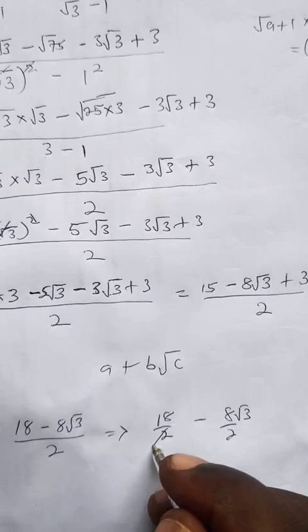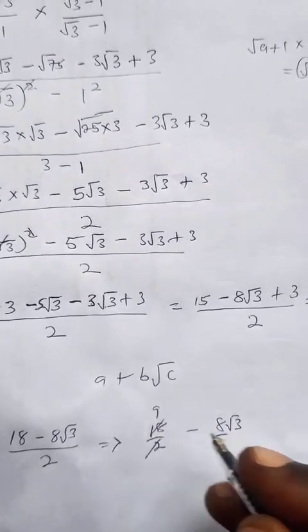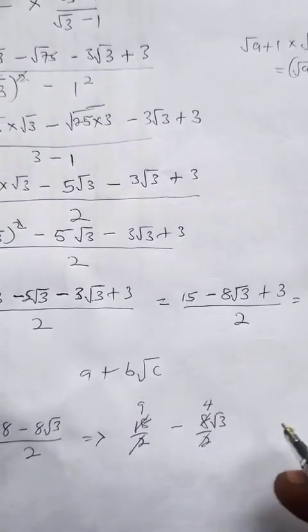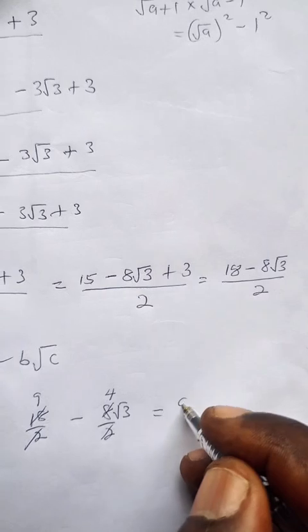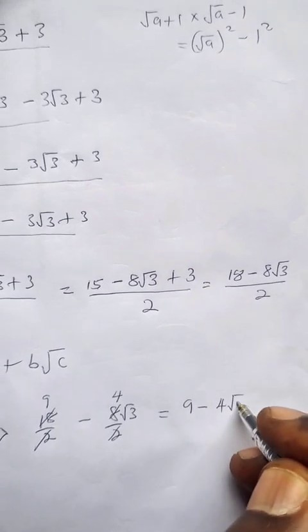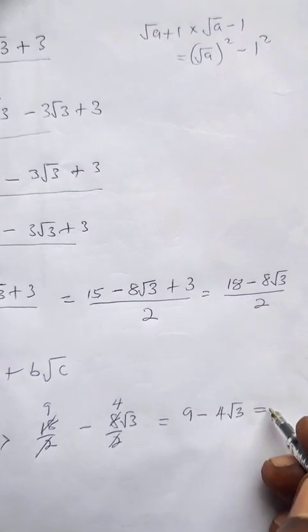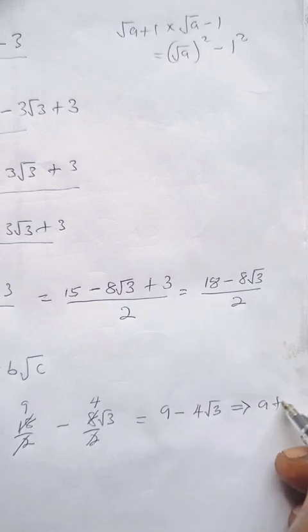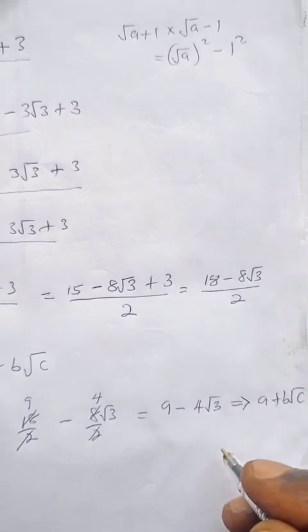Cancelling through, this gives 9 and this gives 4. So we'll be left with 9 minus 4 root 3, which is of the form a plus b root c.